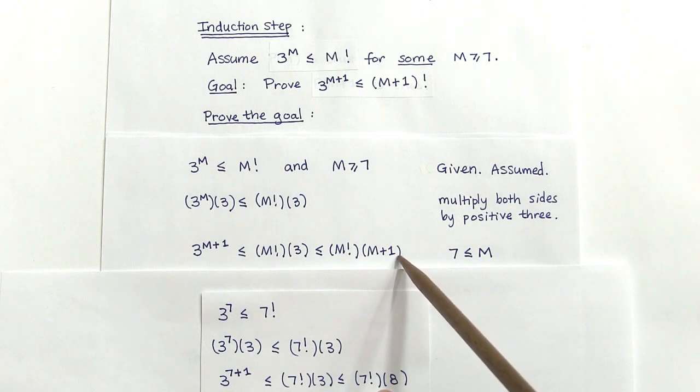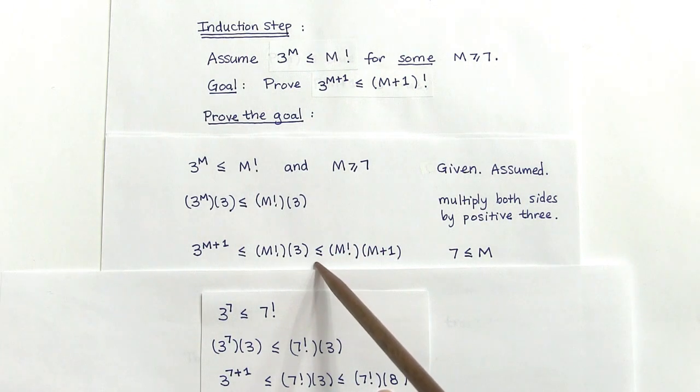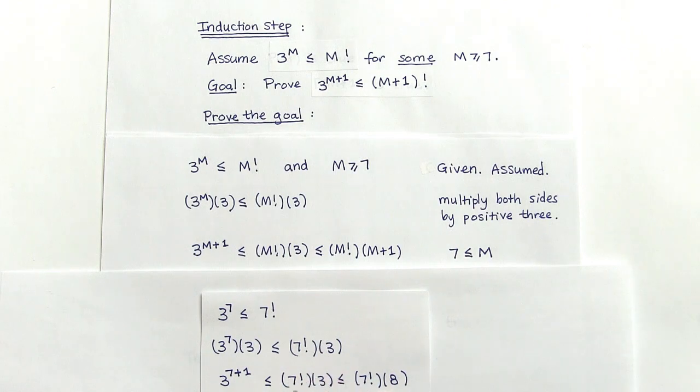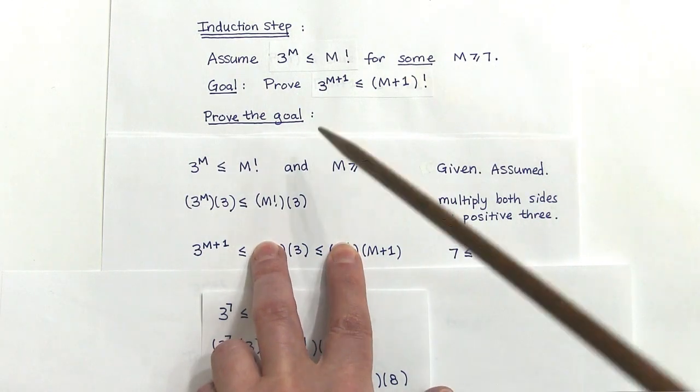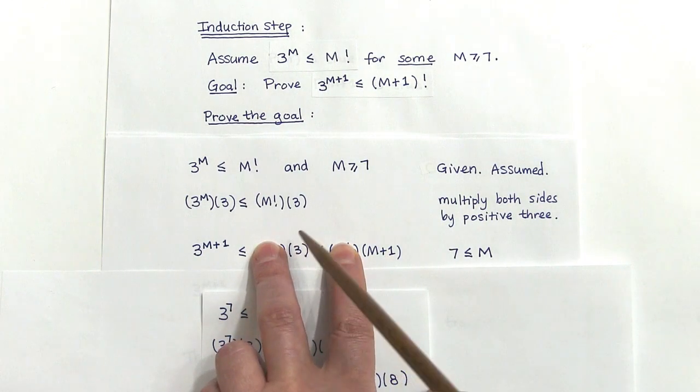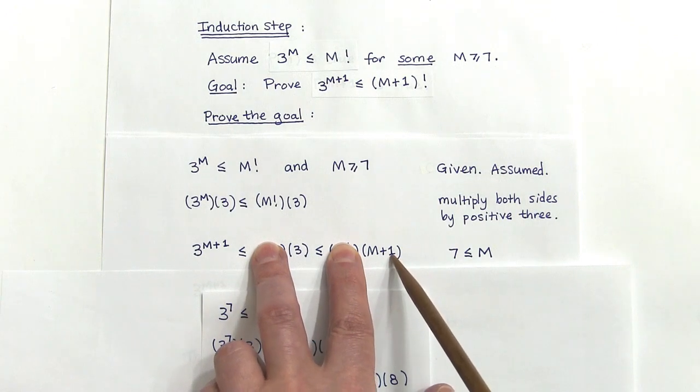Now the question is, can I do this? Is this true? Well, let's think about this in the same way as I explained this step down here. I asked the question, is 3 less than or equal to m plus 1?